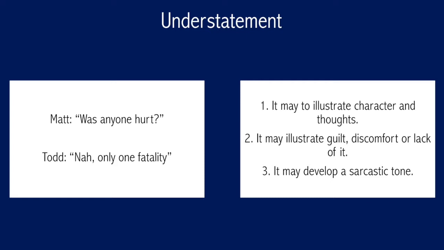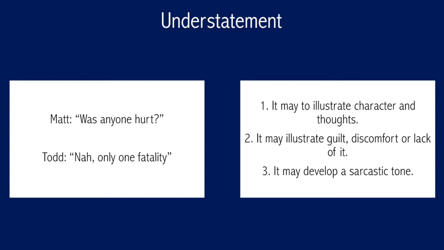Now, understatement is pretty antithetical to an exaggeration. It's the opposite. So one might say, was anyone hurt? And the person might reply, nah, only one fatality, yeah? So the second person, of course, is downplaying this incident. He's underscoring it. So we use an understatement to illustrate the character's thoughts or personality.